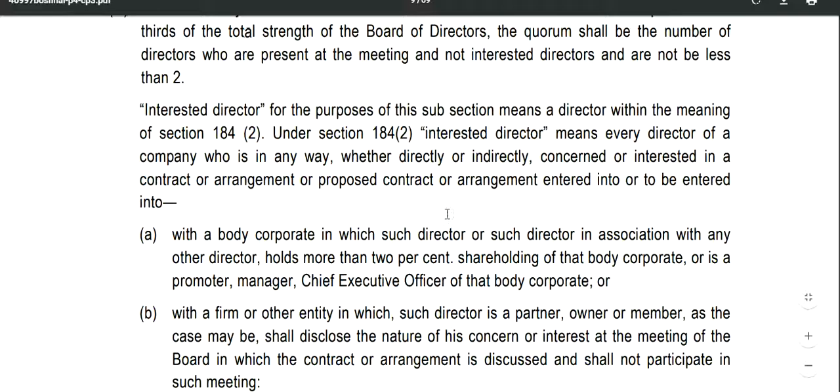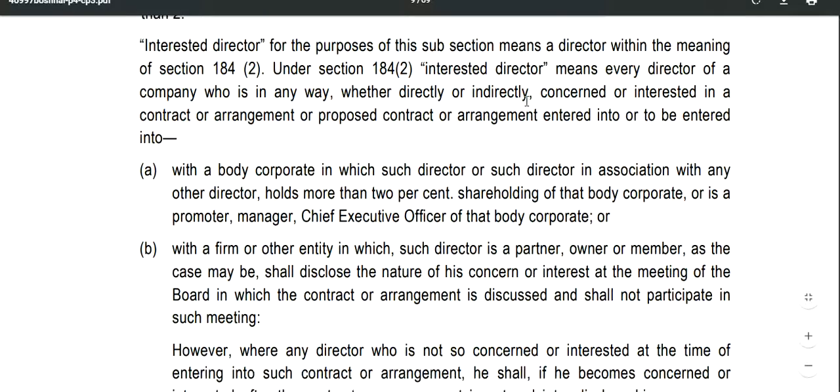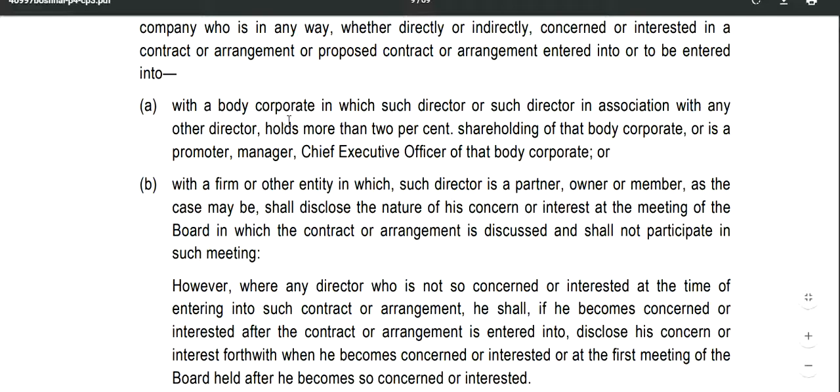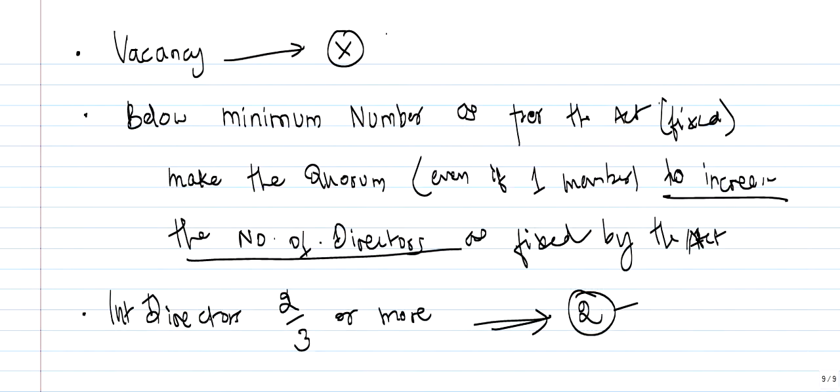Under this section, interested director means every director of a company who is in any way, whether directly or indirectly, concerned or interested in a contract or arrangement, or a proposed contract or arrangement, entered into or to be entered into with a body corporate in which such director, or such director in association with any other director, holds more than 2% shareholding of that body corporate or is a promoter, manager, or executive officer of that body corporate.